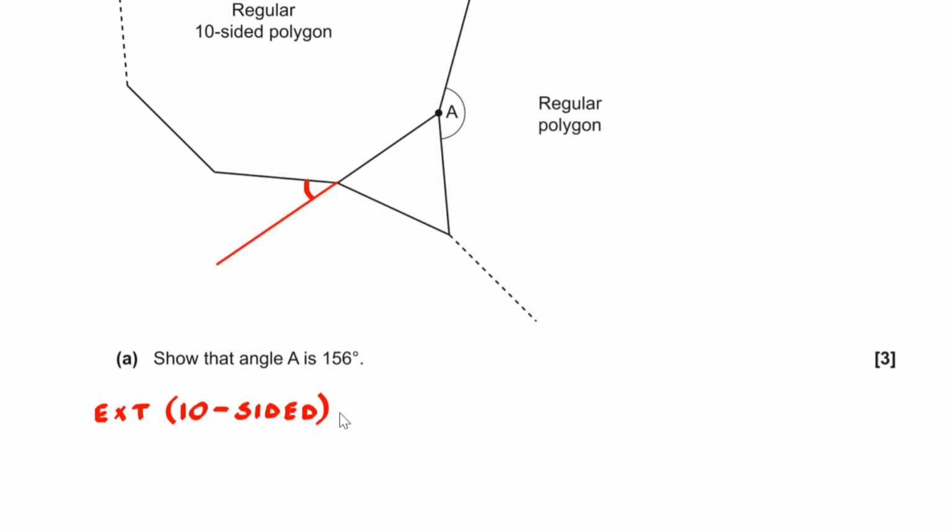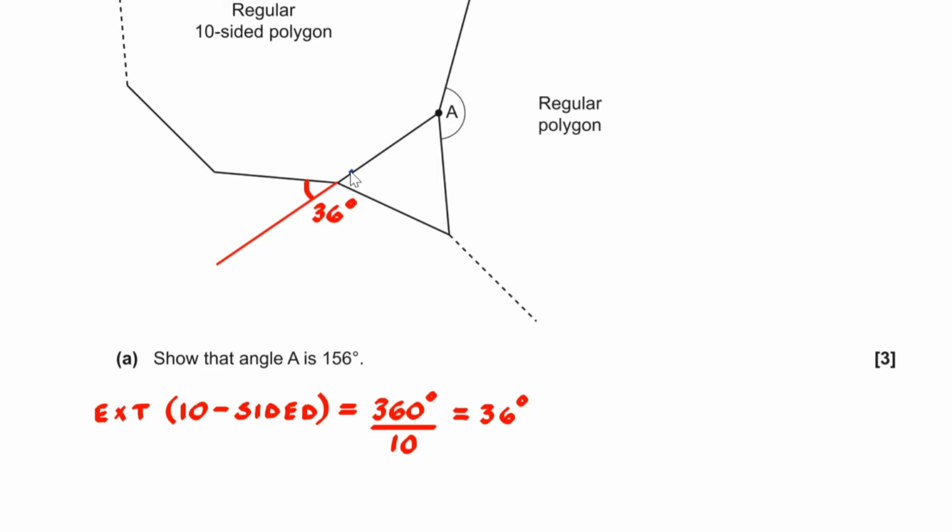The exterior angle of a 10-sided polygon, that is equal to, well, we would have 360 degrees, and then we would divide this value by 10, giving us a value of 36 degrees for the exterior angle of the regular 10-sided polygon.